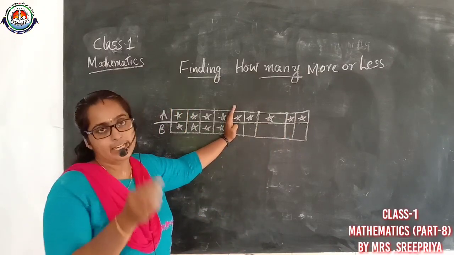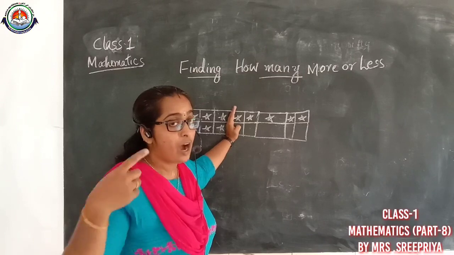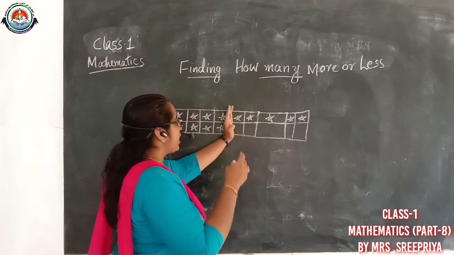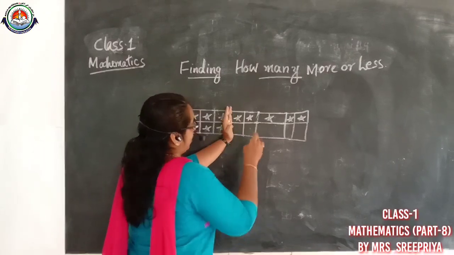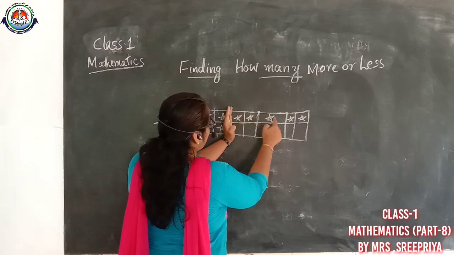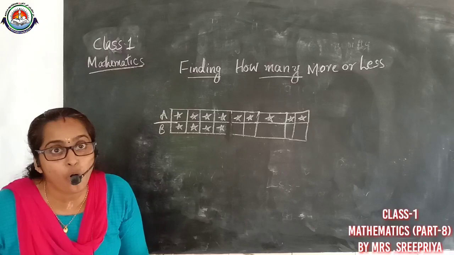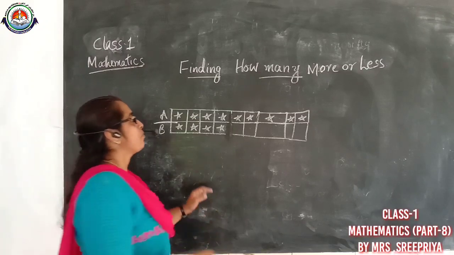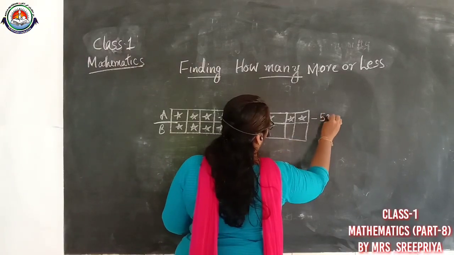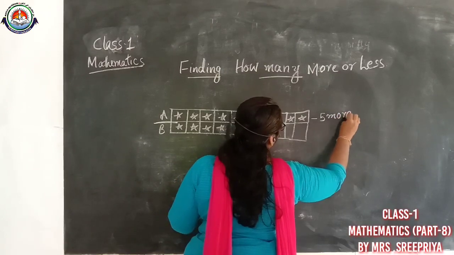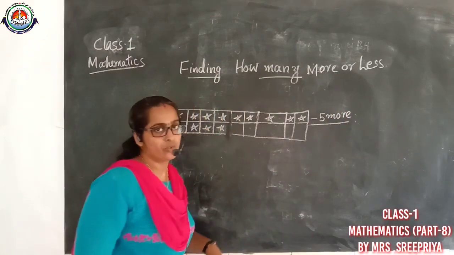We need to count and check. Shall we count together? Say with me. 1, 2, 3, 4, 5. How many more? Yes, very good. 5 more stars are there.